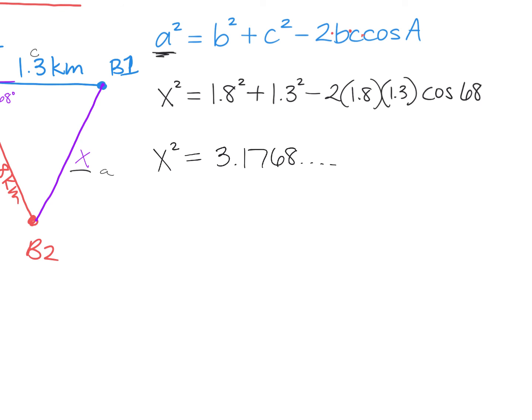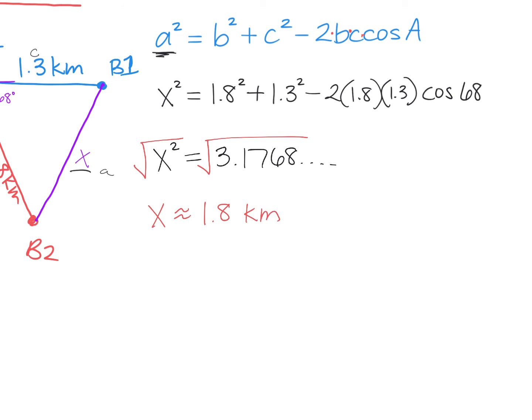What do you do to that? You square root it, right? So again, if you want to use the buttons for shortcuts, second x squared, second answer, or negative sign, when you square root that, you get x is approximately, don't remember, 1.8.